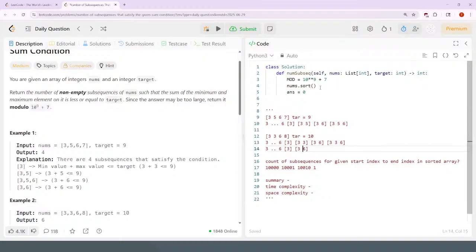So the number of subarrays or subsequences, not counting the first part, because the first one has to be inclusive, has to be there, so it has to be a 1 starting the binary string. But then the other ones, all the values that this could be would be 2 to the n.